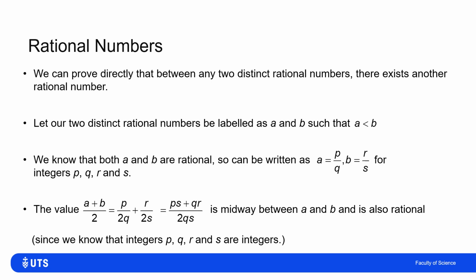So any two rational numbers will have a point in the middle of them, which is also a rational number. So of course, if I then pick that midpoint and either endpoint, there's another one in the middle of that, and another one in the middle of that, and another one in the middle of that. It doesn't matter how close a is to b, there will always be an infinite number of rational numbers between my two endpoints.